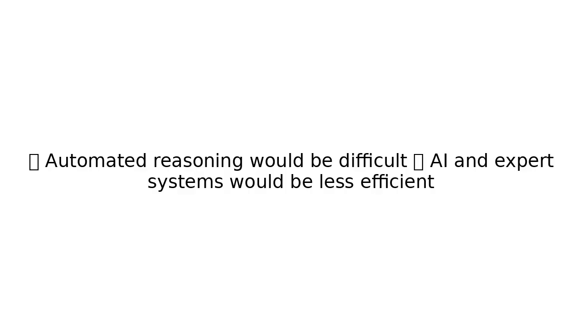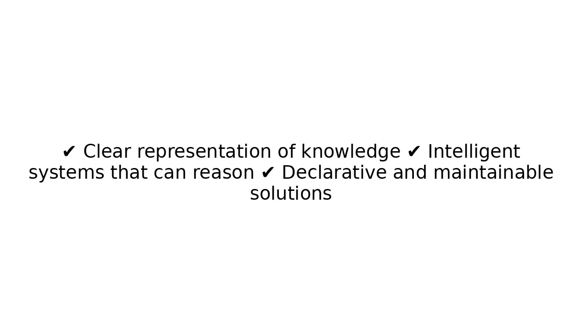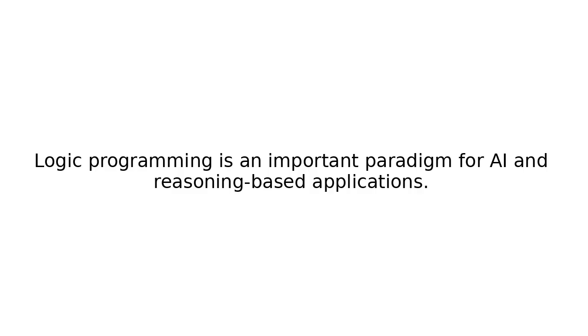Crossmark AI and expert systems would be less efficient. With logic programming, checkmark clear representation of knowledge. Checkmark intelligent systems that can reason. Checkmark declarative and maintainable solutions. Logic programming is an important paradigm for AI and reasoning-based applications.